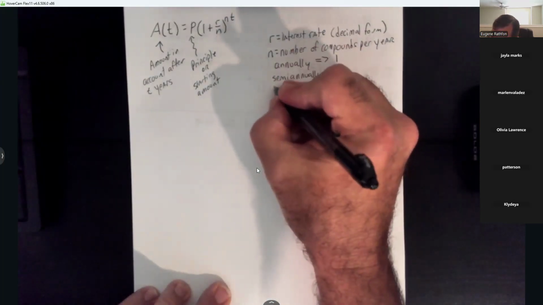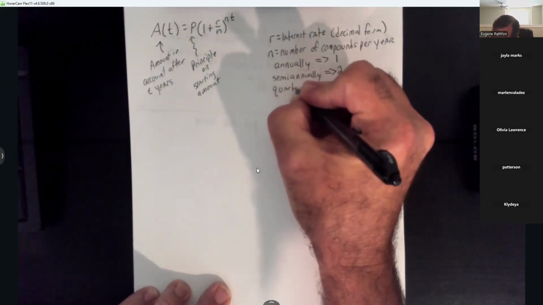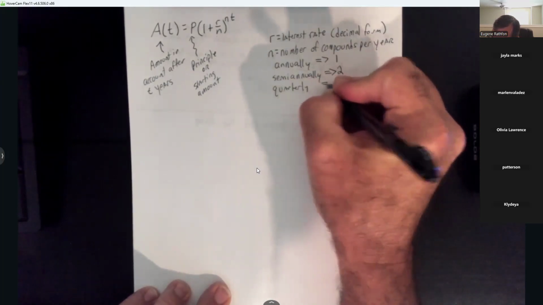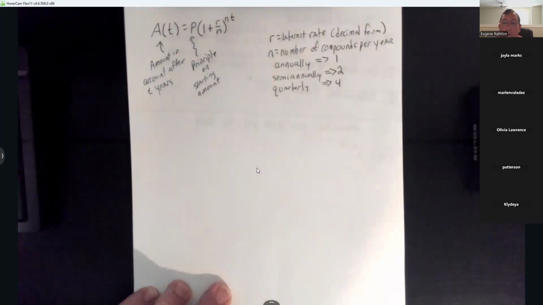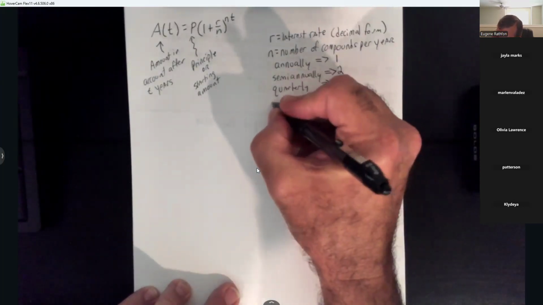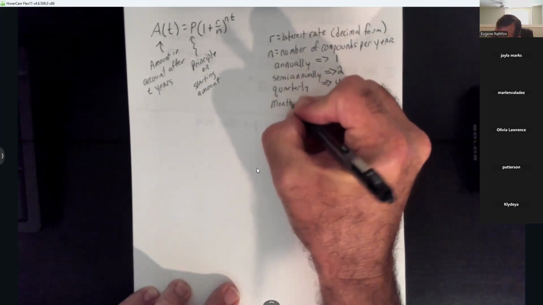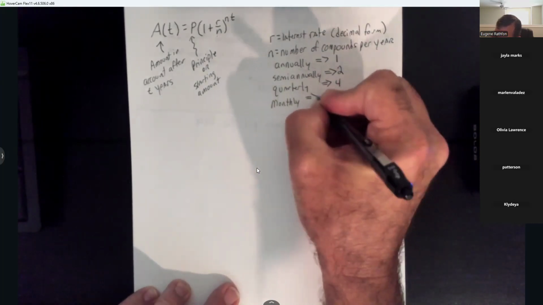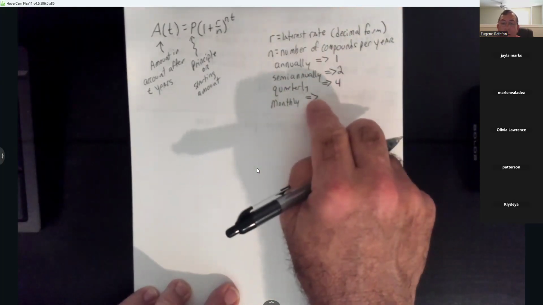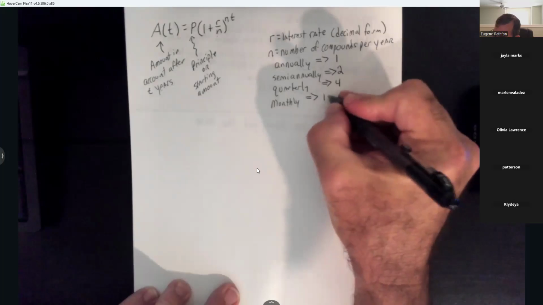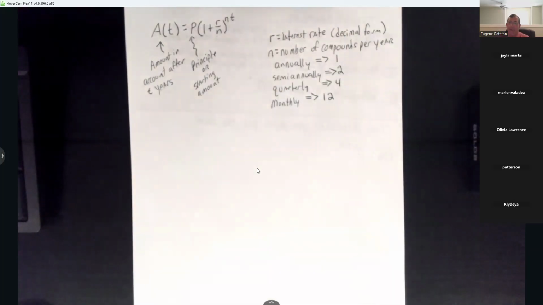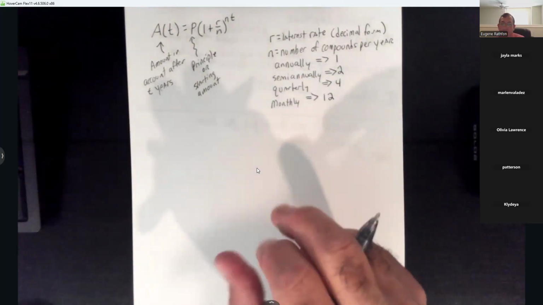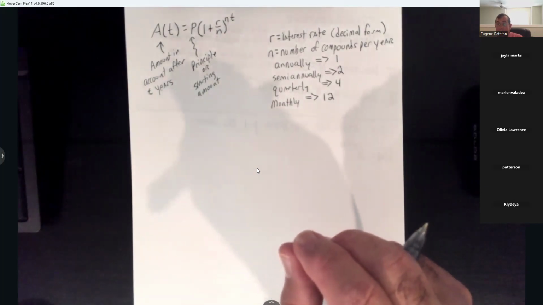Let's see. What else do they do? Quarterly? Quarterly would be 4 times a year. They might do monthly. If they do monthly, that would be 12 times a year. And so on. They could do daily.